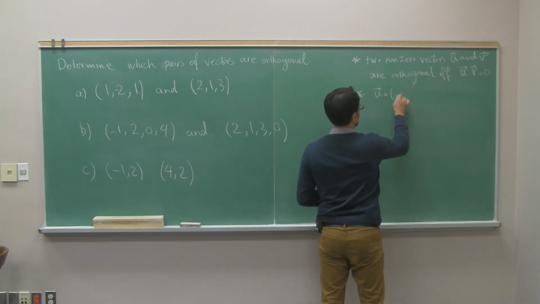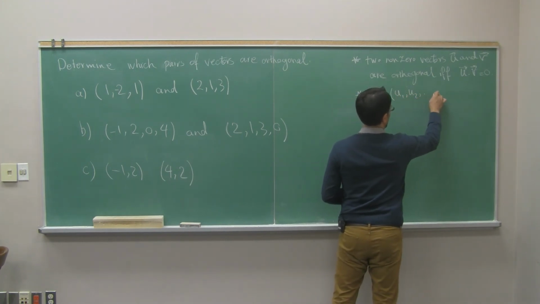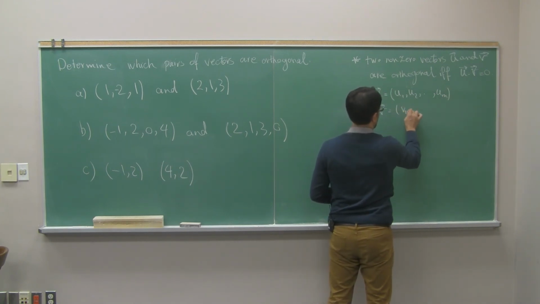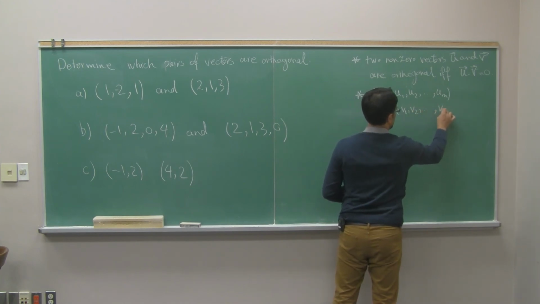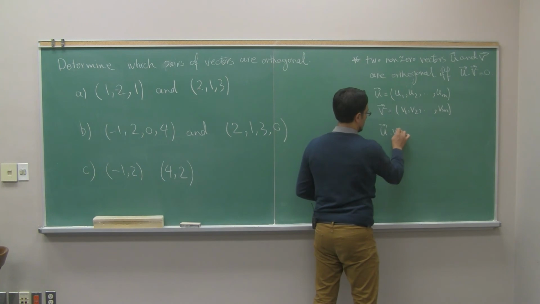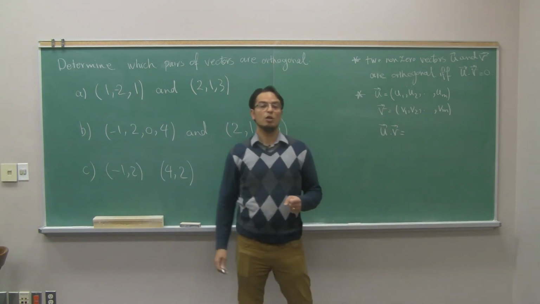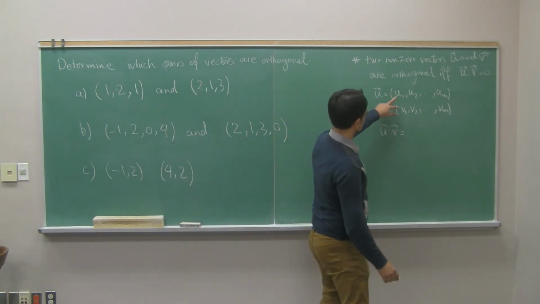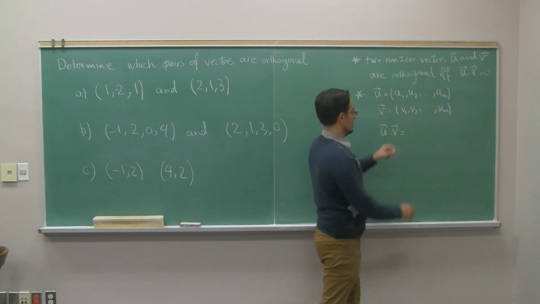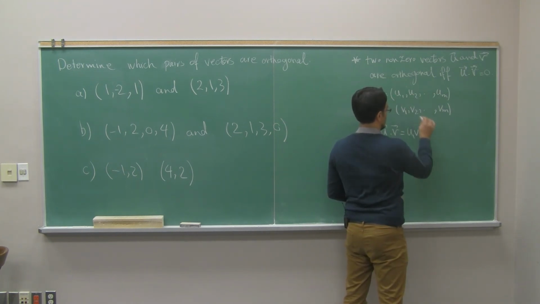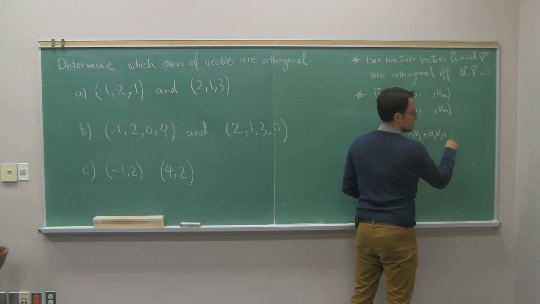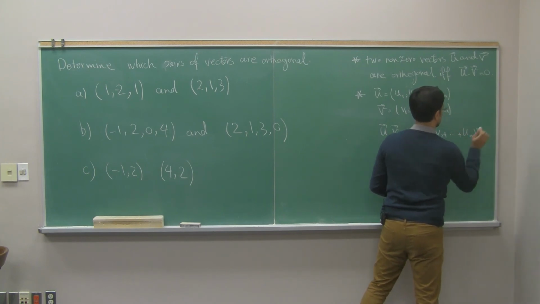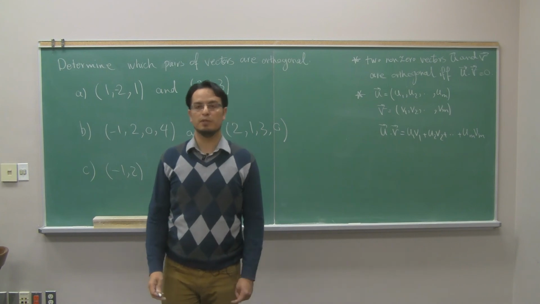If your vector u is u1, u2, up to um, and your vector v is v1, v2, up to vm, then u dot v is defined by multiplying corresponding components and adding them. So corresponding components means first component to first component, u1 v1, plus u2 v2, plus u3 v3, and so on up to the last one, um vm. That's the definition of dot product. You have to know that.